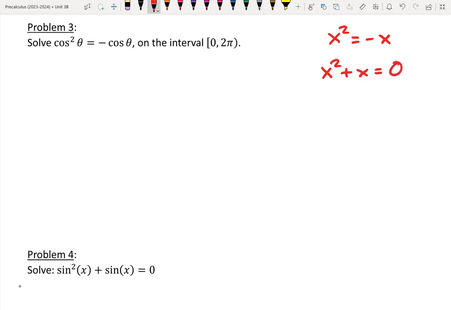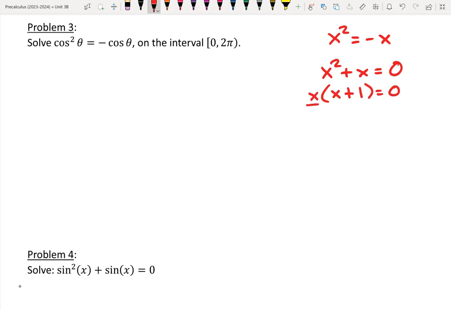How do we solve something like this? Well, we factor. In this case, what can we factor out? What's in common? X. And if I factor out an x, what do we have left? X plus 1.